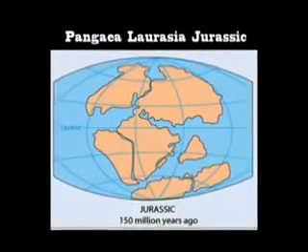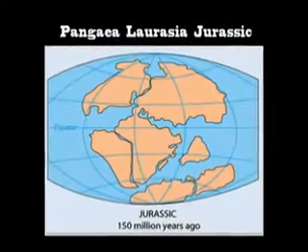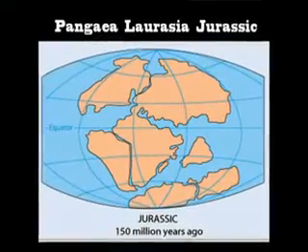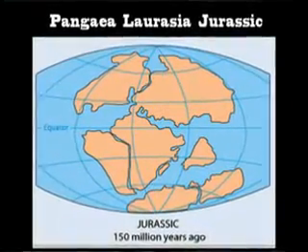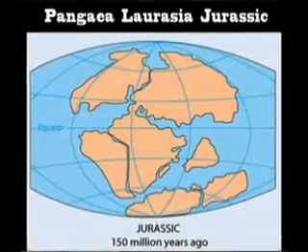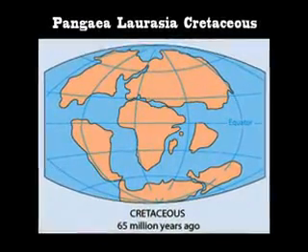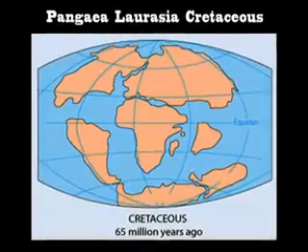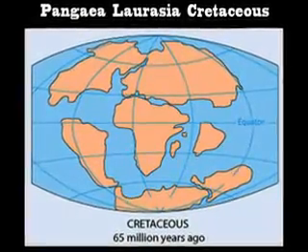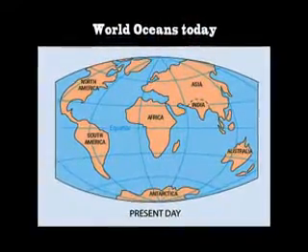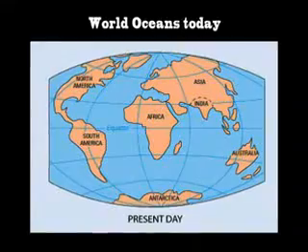Roughly 150 million years ago, during the Jurassic, the continents started moving away from each other, and this diagram shows the position of the continents during the Cretaceous period roughly 65 million years ago, and this diagram shows the position of various continents and oceans today.